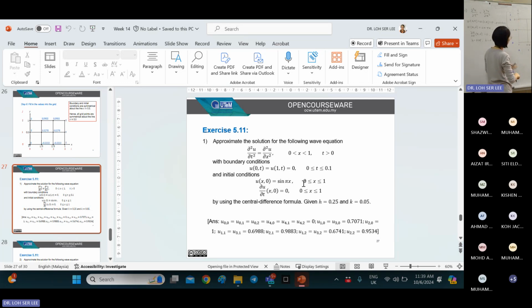And you can also label your internal points. But before that, we can find the boundary initial values first. Find x. So you have 1, 2, 3, 4, 5 different values of x.